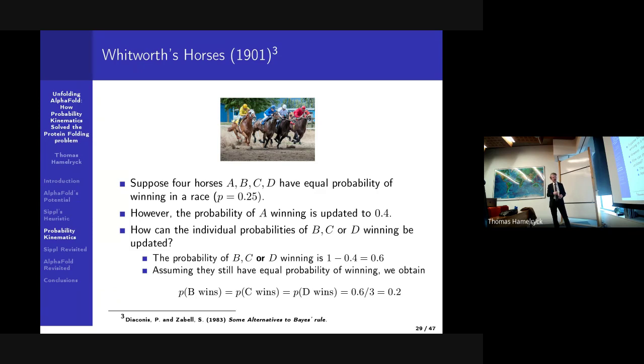So how are you going to update the individual probabilities of the other horses winning? Well, of course, the probability of one of these horses, B, C, or D, winning, if you know that A loses, is 0.6. And assuming all the other horses have equal probability of winning, so imagine that even though A now has increased probability, you can still assume that all the other horses remain of equal probability, then the probability of these 3 other horses winning simply becomes 0.6 divided by 3.